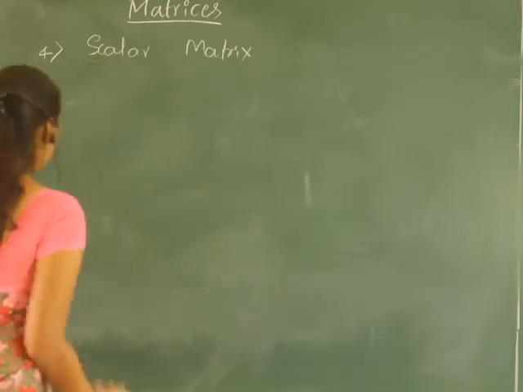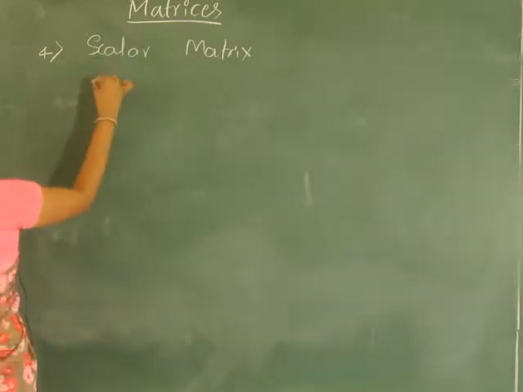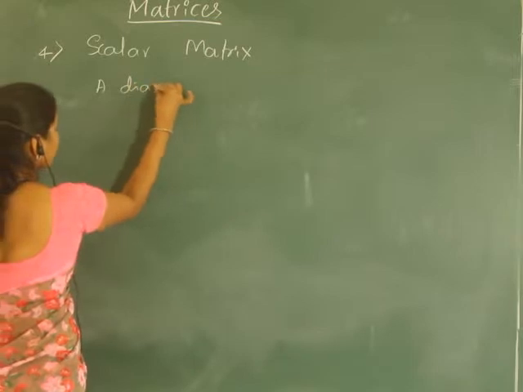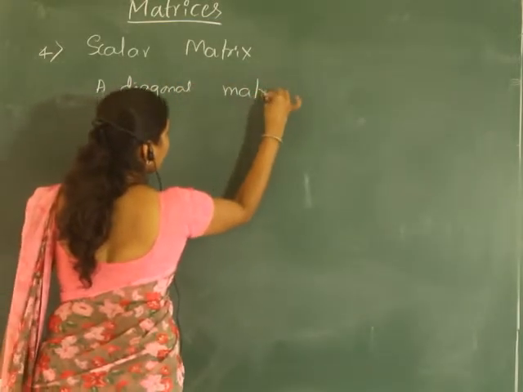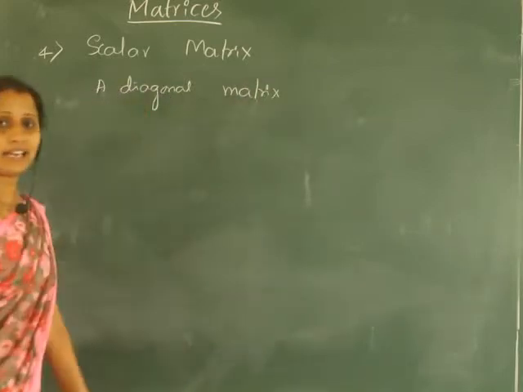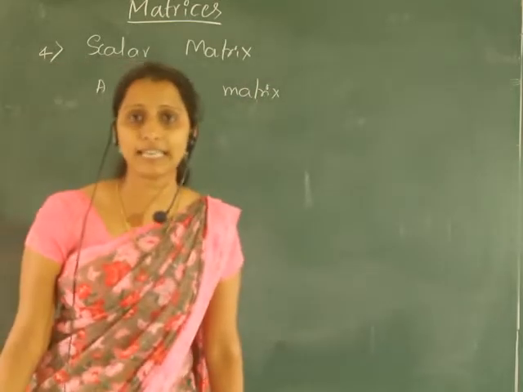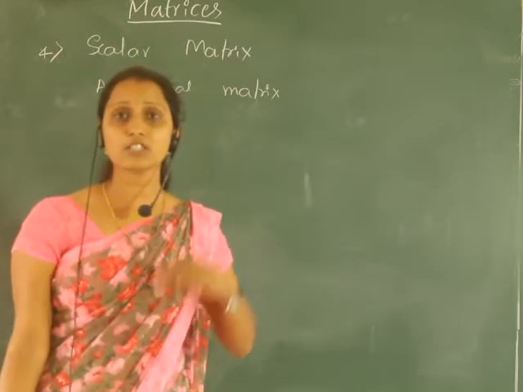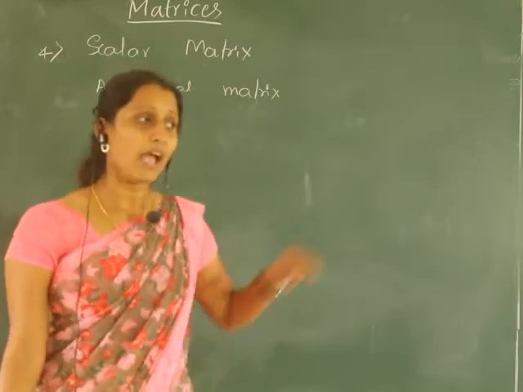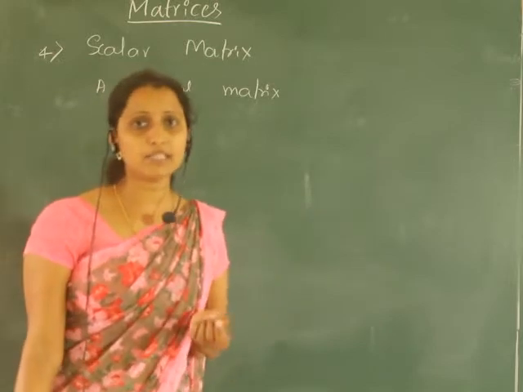A diagonal matrix is said to be a scalar matrix if... So we know what a diagonal matrix is. In the diagonal matrix, non-diagonal elements are zeros and any elements in the principal diagonal.